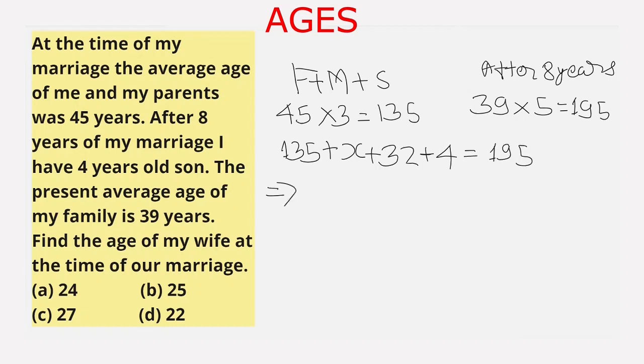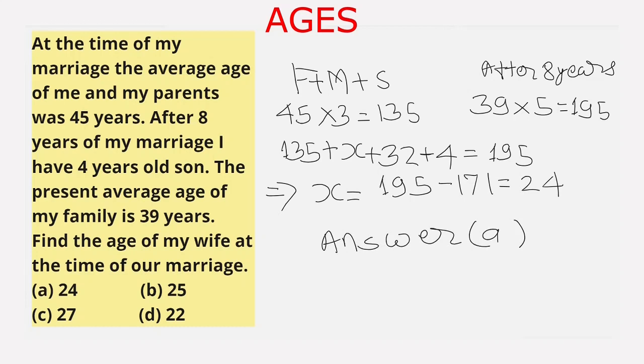So on solving we get the value of x equal to 195 minus 135 plus 32 plus 4, that is 32 plus 4 is 36 and 135 is 171. 195 minus 171 is 24 years. Thus the age of the wife of the son was 24 years at the time of marriage. And from the given options, our answer is option A.